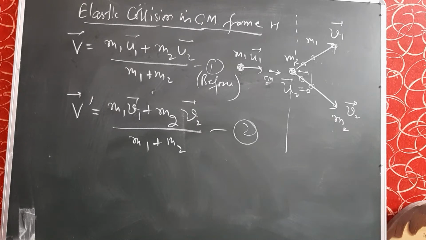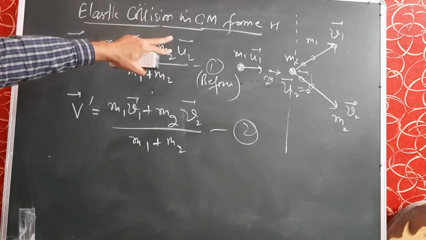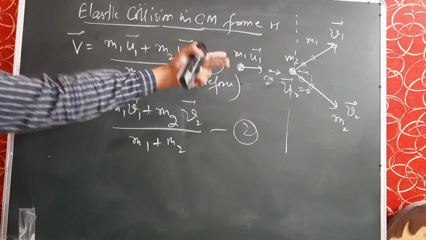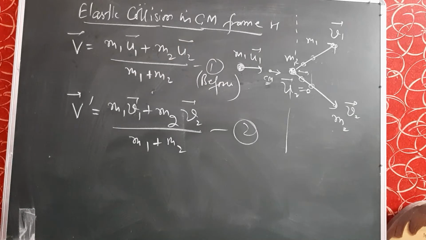Before starting the overall elastic collision, we study the velocity of the center of mass initially, because in the center of mass frame we have to be aware of the center of mass: where it is going and with what velocity it is moving. These are the velocities of the center of mass before collision and after collision.